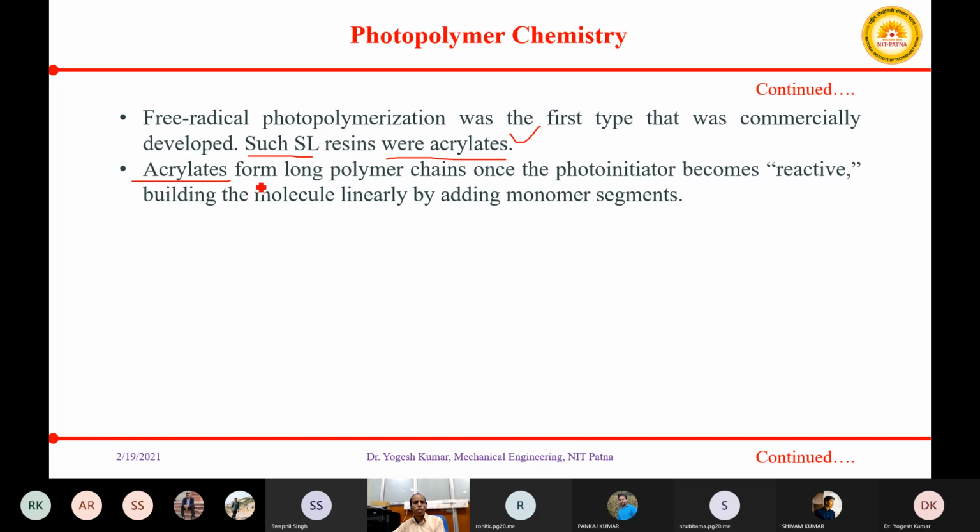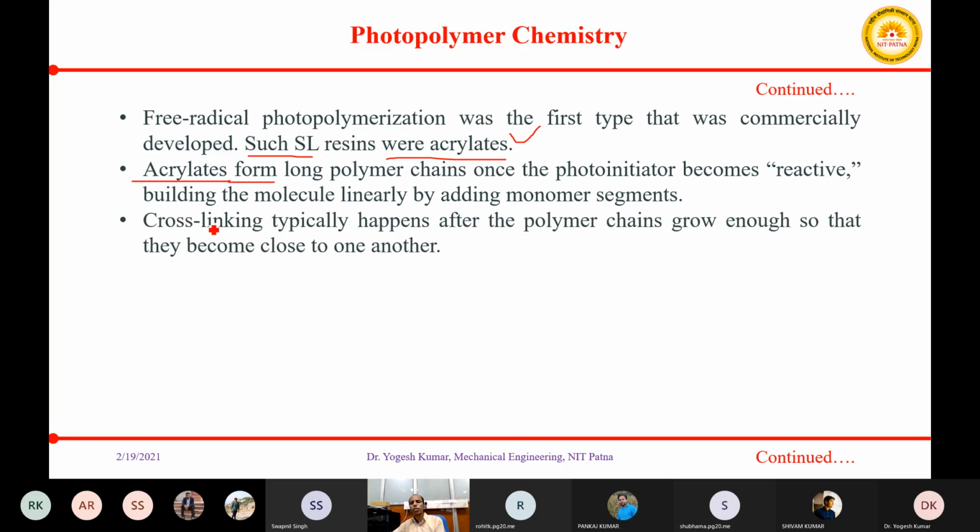So talking about acrylates, acrylates form long polymer chains once the photoinitiator becomes reactive, building the molecule linearly by adding monomer segments. The cross-linking typically happens after the polymer chain grows enough so that the chains become close to one another.